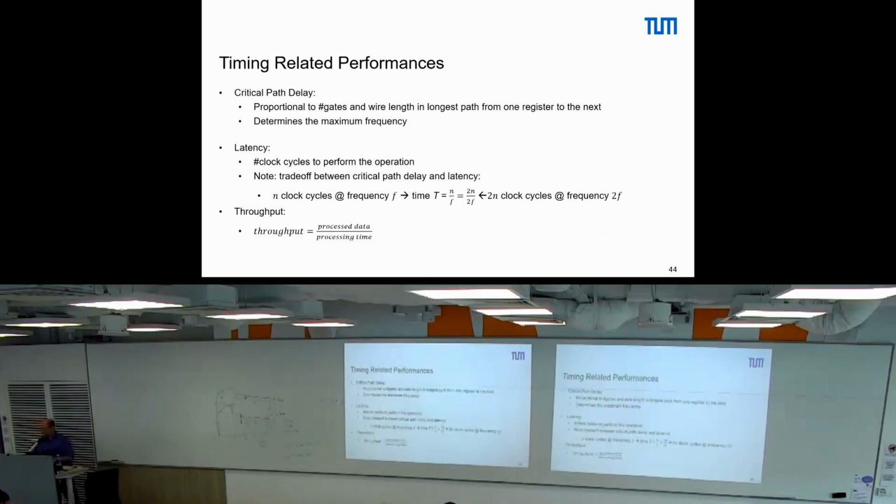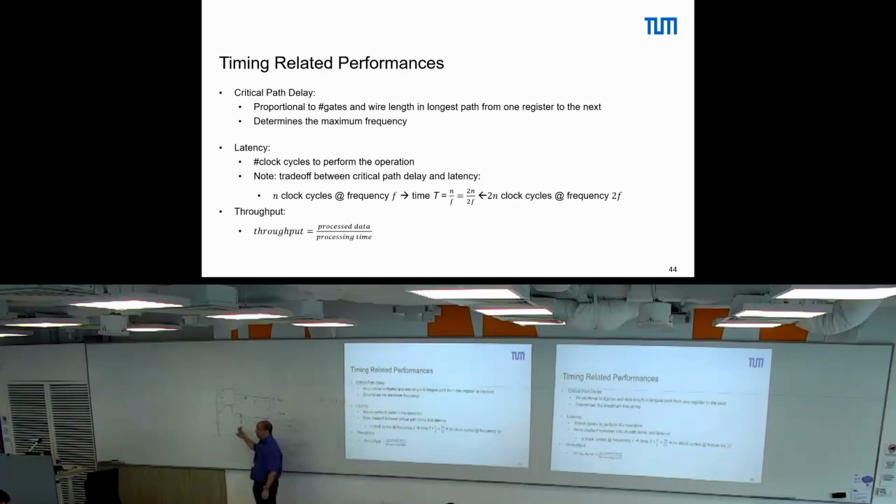Then, yes, maybe this we can also make here. If we add here the registers, that decreases our critical path. So it increases our frequency. That was this one here. What does it mean for our latency?